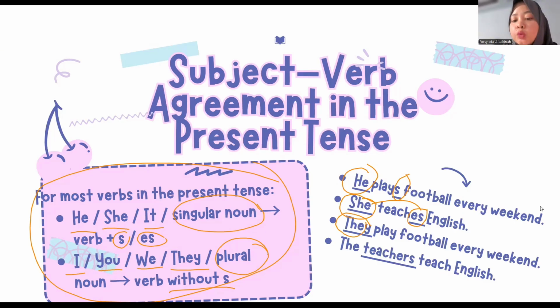They is plural, so we don't need to add an s at the end of the verb. The teachers teach English. The teachers means plural, so we don't need to add an s. They and the teachers are plural, so we use play and teach in the sentence.